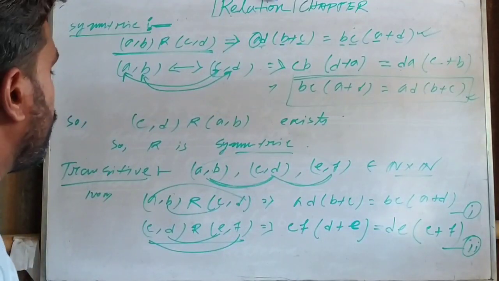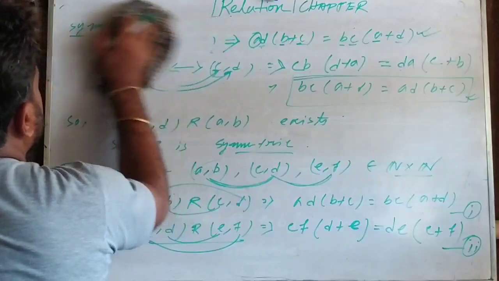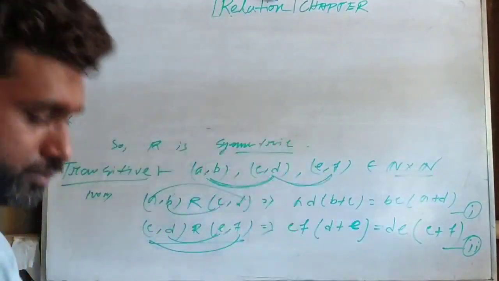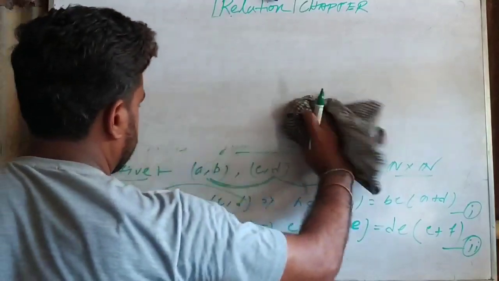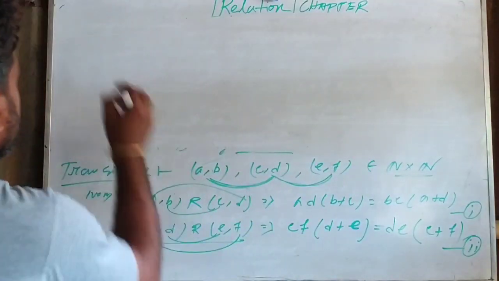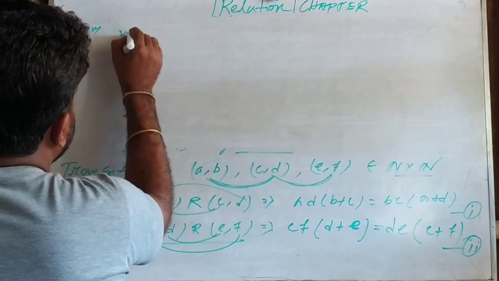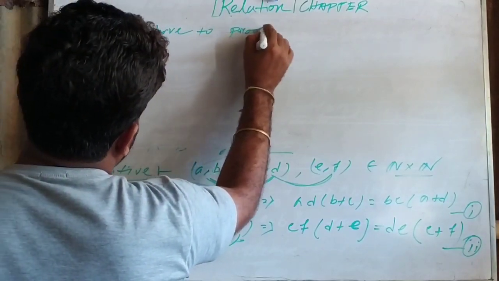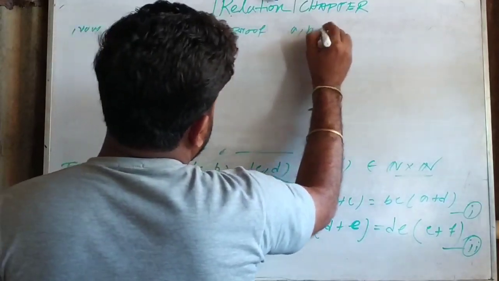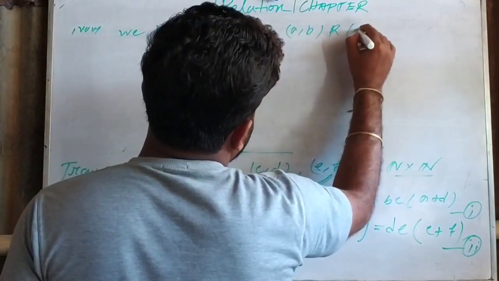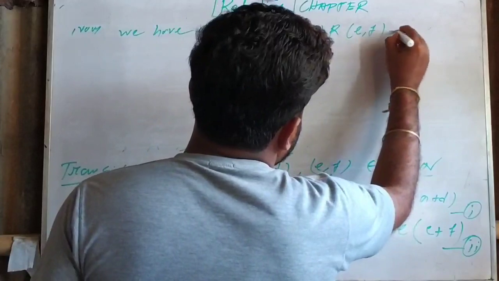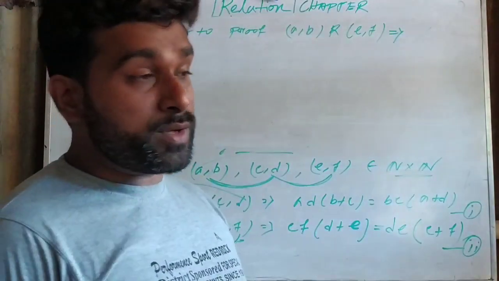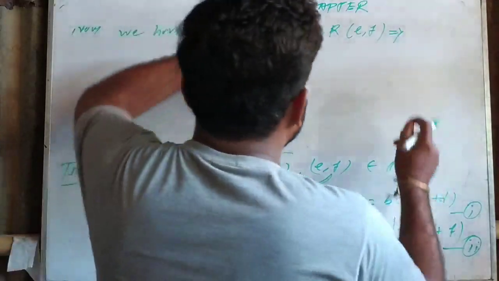Now you need to prove the relation between AB and EF. We have to prove whether AB is related to EF or not. So when this relation is constructed, there is some condition to follow.